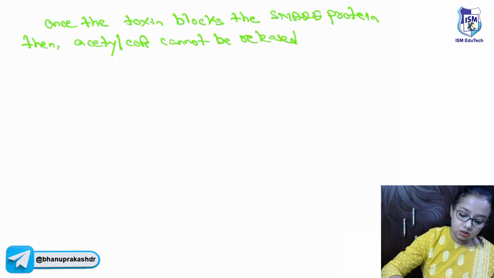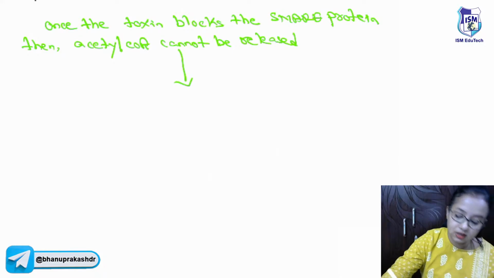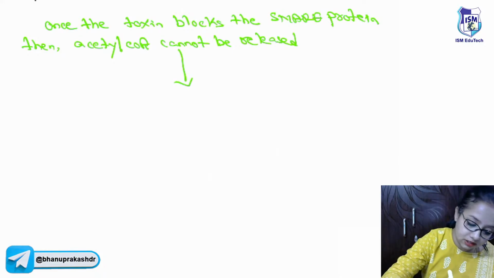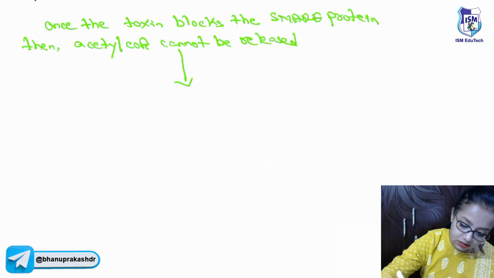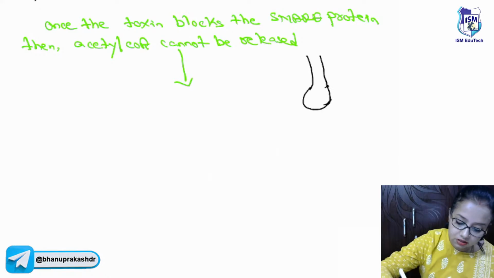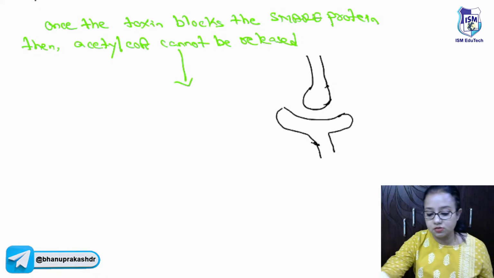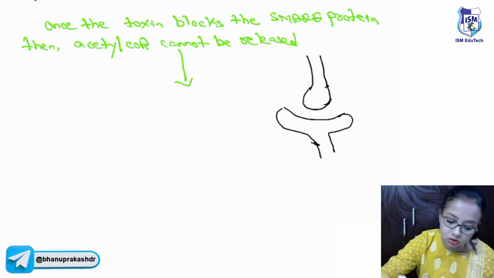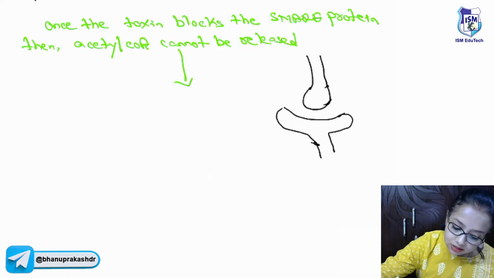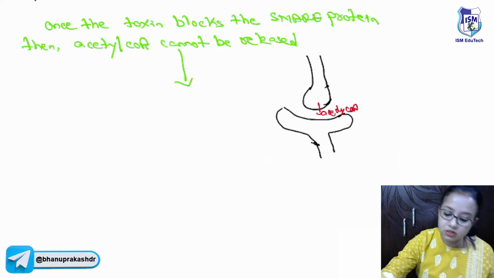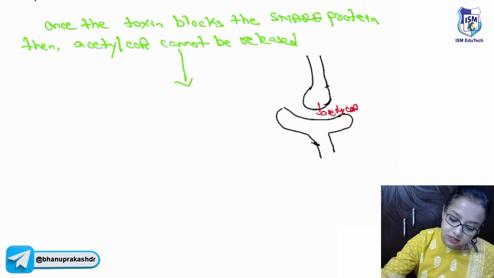So if acetyl CoA in the neuromuscular junction, that we will also study, it is something like this, right? This is the axon of the neuron, and this is like the sarcolemma. This is roughly the neuromuscular junction. Here the acetyl CoA is released, which then binds onto the receptor on the postsynaptic membrane, and then an action potential is generated.